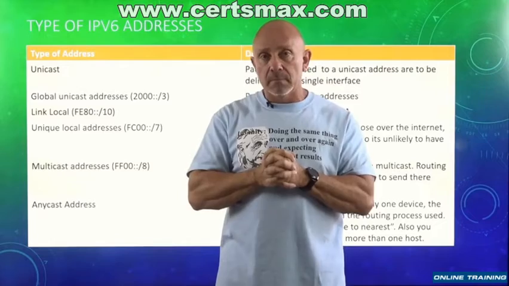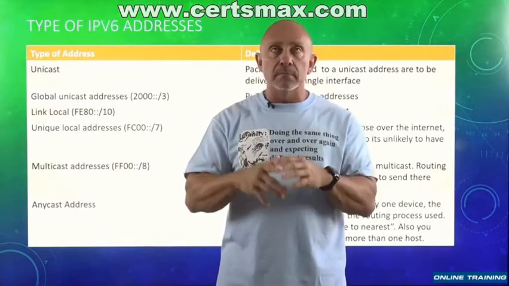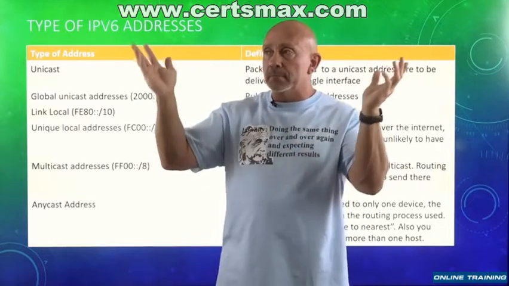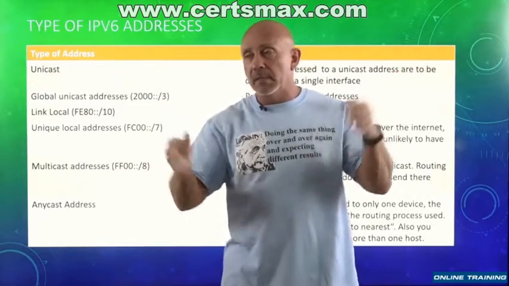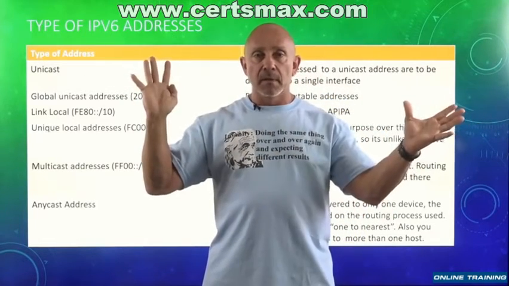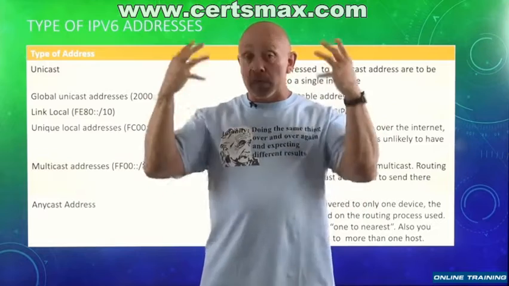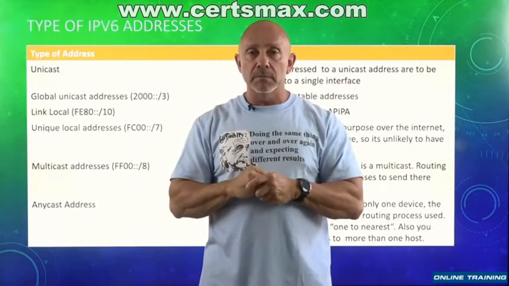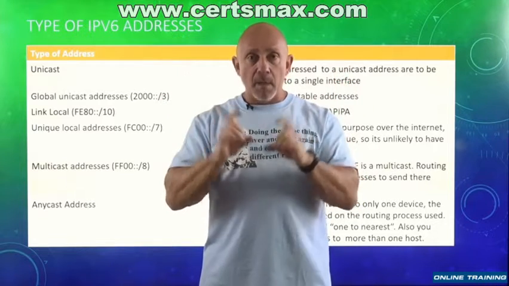So, based on your routing protocol, here's an analogy. Where I live, I need to go to the supermarket. I go to a particular one, something we hear on TV all the time, Publix, right? But there are four different Publixes in my area. My router, which is my brain, takes in these variables and says, I want to go to Publix, that's one address, but which way do I go?